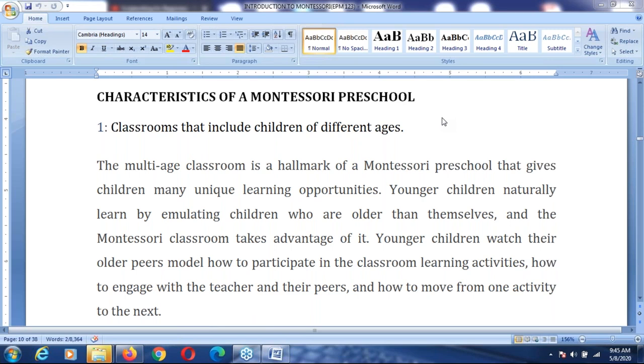And then the older children also benefit from the younger children by exercising their leadership skills. You know, older children like to control the younger ones.